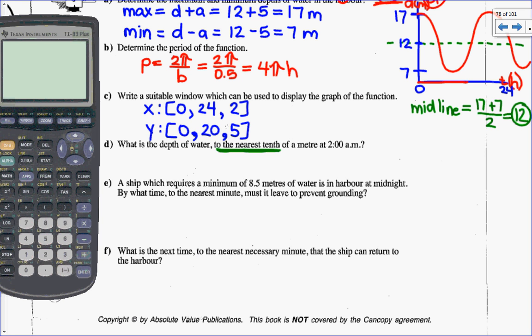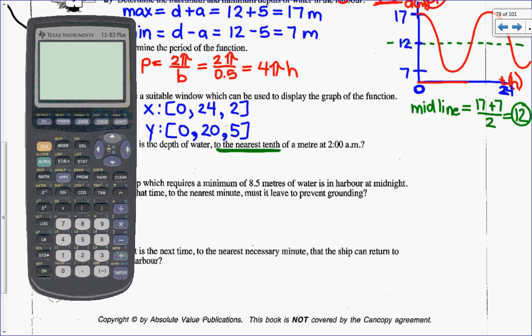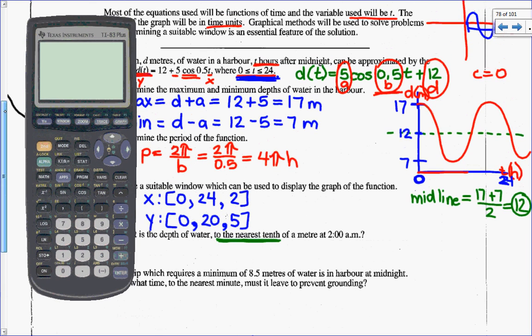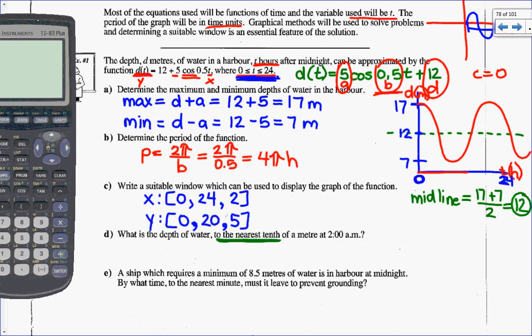Watch for that, okay? So this is saying, what's the depth of the water at 2 o'clock in the morning? Well, think about this for a minute. What does this 0 represent? And this 24? Go back to your original question. The original question was saying, in hours after midnight.